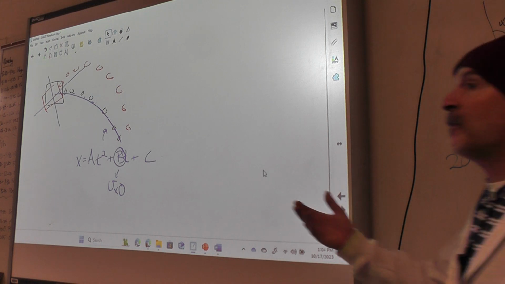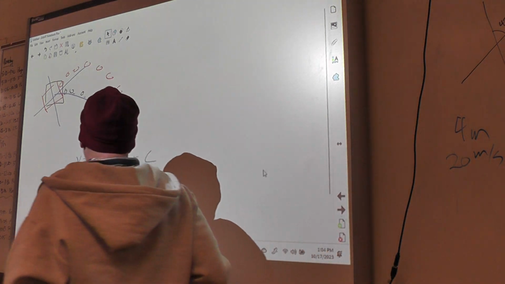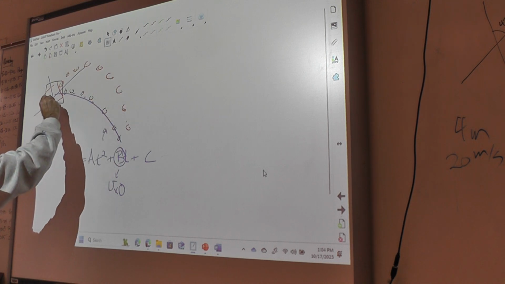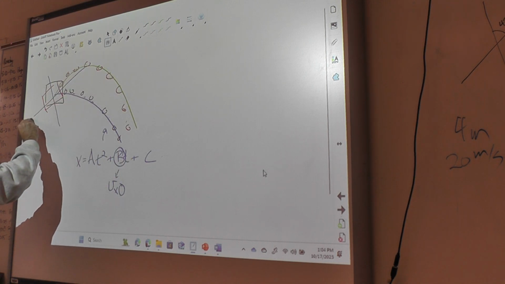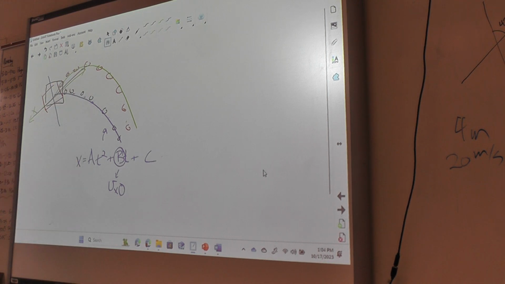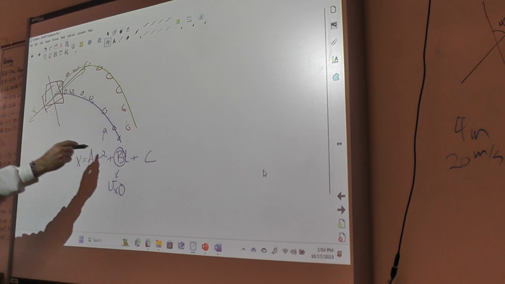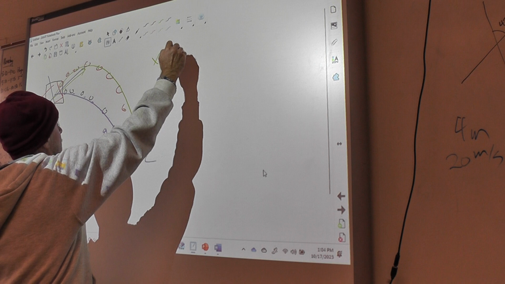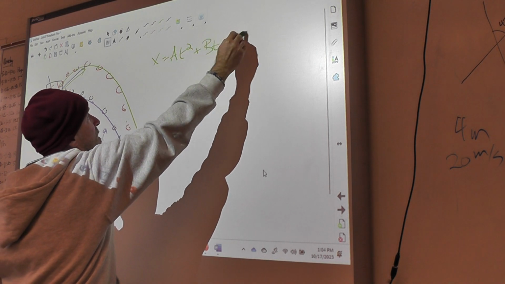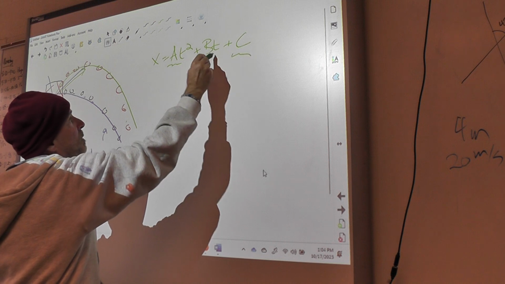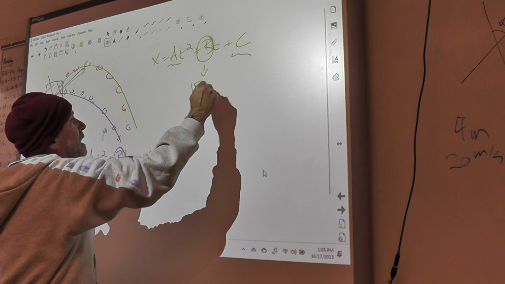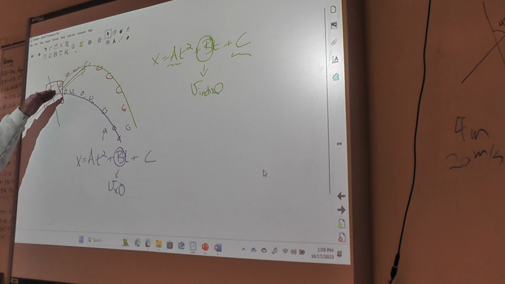Now we don't have a horizontal and a vertical anymore, but you can still use Tracker to make a curve, and in this dimension, which for most of you would have been the x dimension, you can still have it come up with a quadratic equation to match it, and it would have been at squared plus bt plus c. And this would have been different, and this would have been different, but this should have been about the same. And it's not the horizontal velocity, because it's not moving horizontally, it's the velocity in this direction.